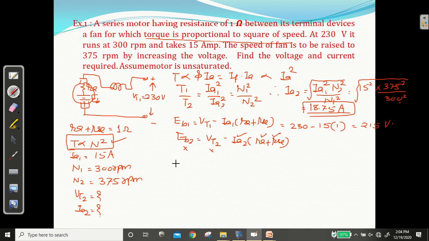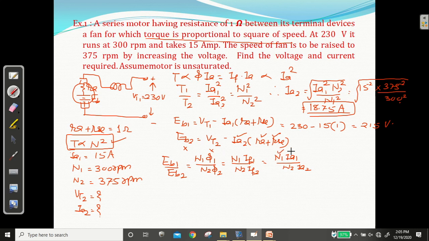So anyway, EB2 you can calculate by using this formula: EB1 upon EB2 equals N1 phi 1 upon N2 phi 2, equal to N1 IF1 upon N2 IF2. And in case of a series motor, field current and armature current are the same, so it equals N1 IA1 upon N2 IA2.